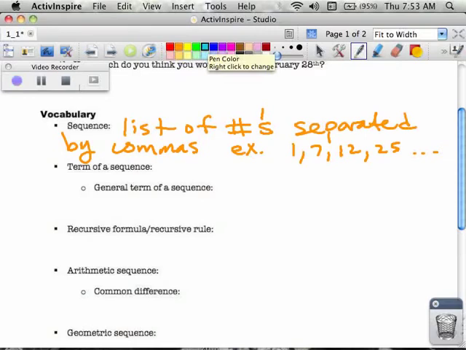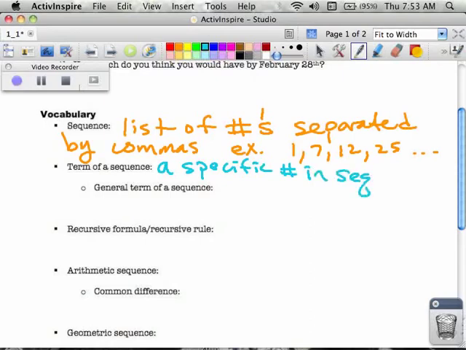A term of a sequence is a specific number in the sequence. For example, number 12.